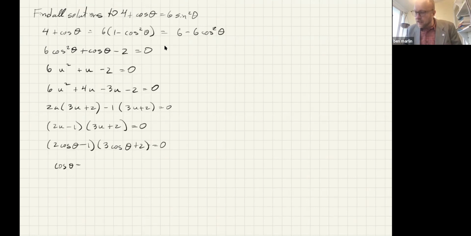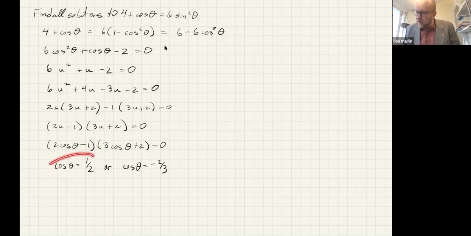So this means that cosine theta is 1/2, or cosine theta equals minus 2/3, okay? We're gonna have to solve for both of those. I am gonna start with this one because it's a special angle, and we'll come back and deal with the stuff that's not a special angle.